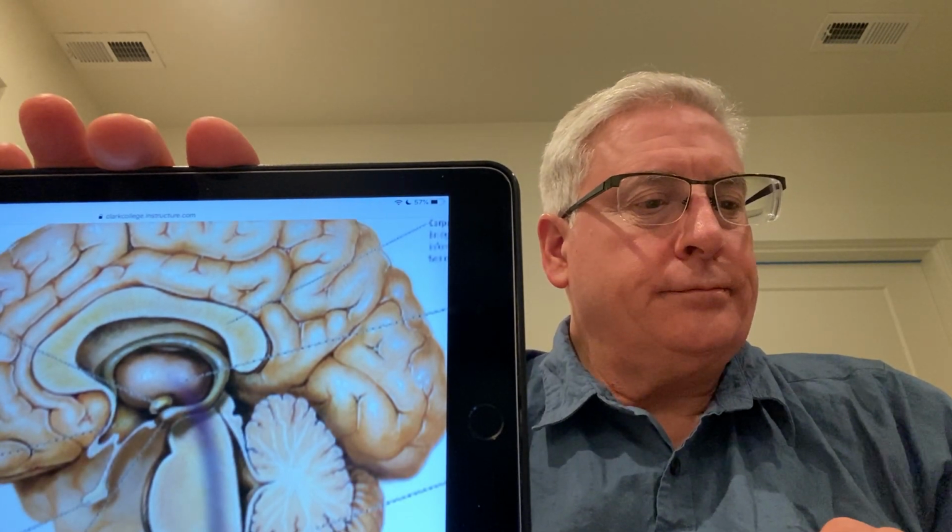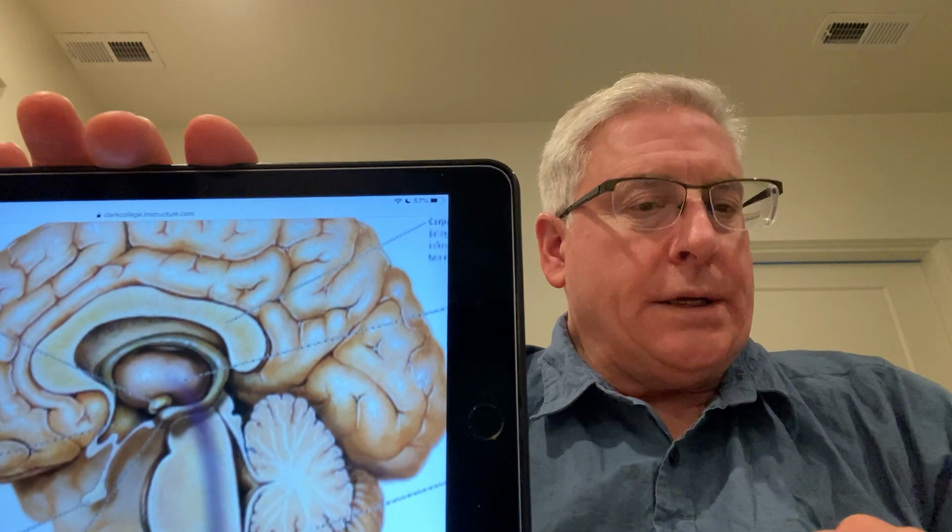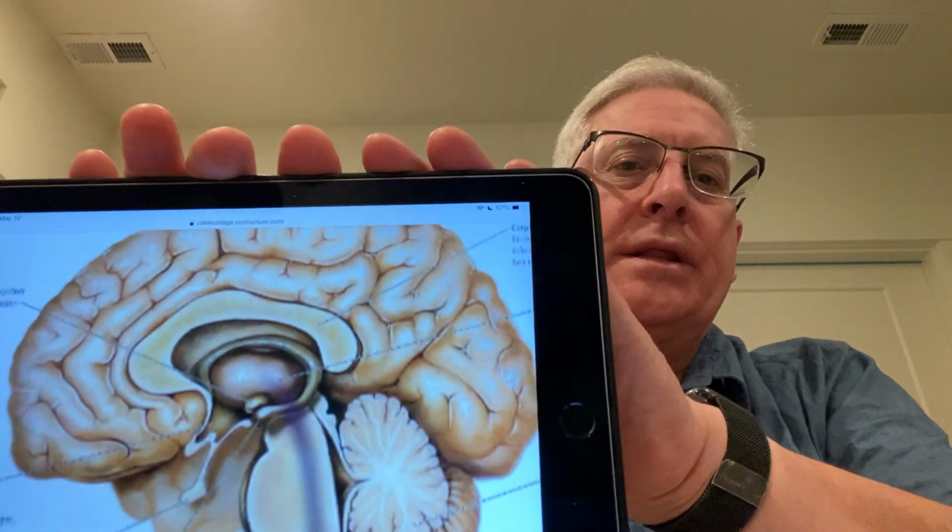So, that's the hypothalamus. Then we have the limbic system.